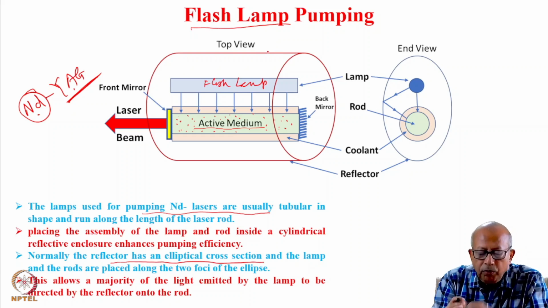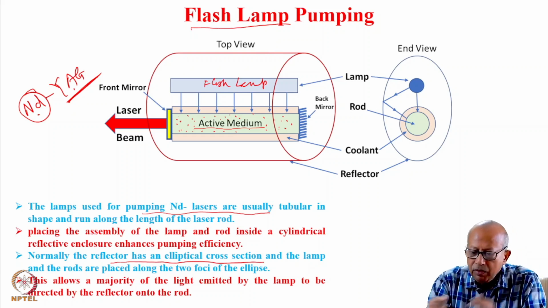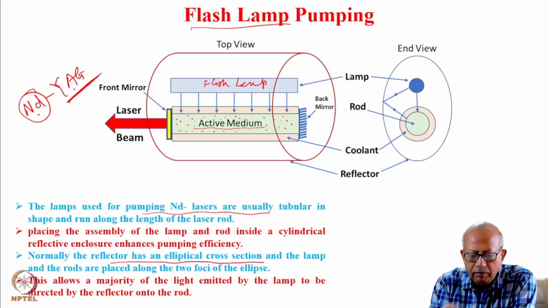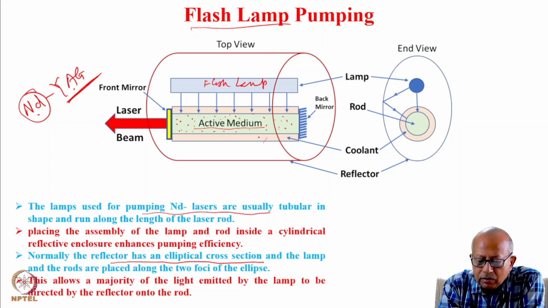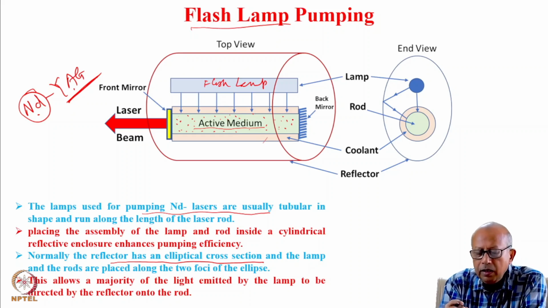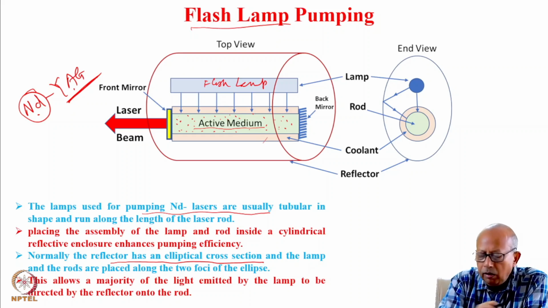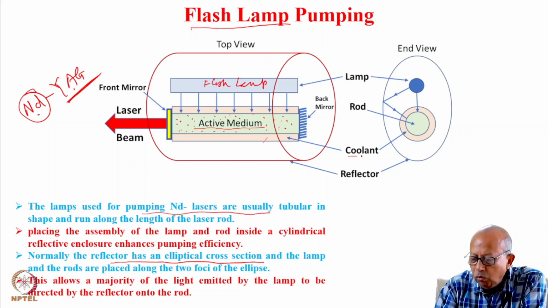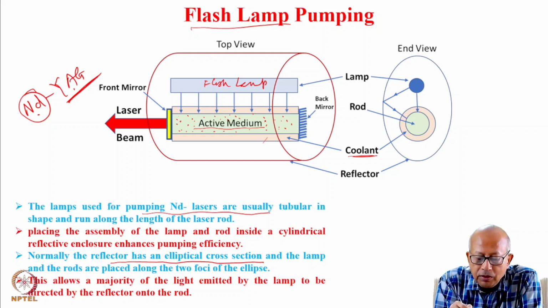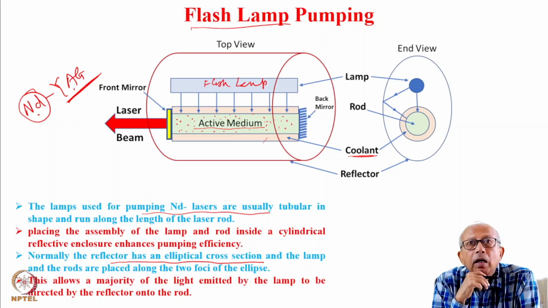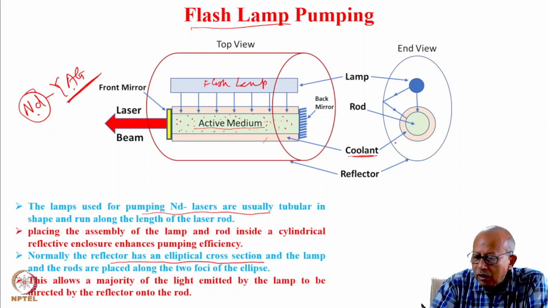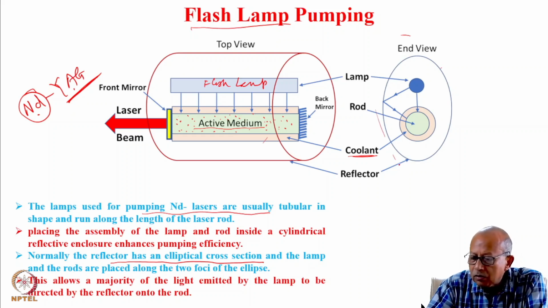So this is the top view of the experimental system, and this is the end view. And the jacket that you see around this laser rod is basically the tube through which the coolant fluid flows to remove the heat that is dissipated into the laser rod. So normally the reflector has an elliptical cross section, as you can see from this end view.